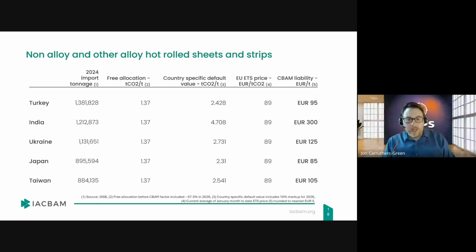The numbers I've got here do include the 10% uplift that we're going to see in 2026. And then the next point to note is that I've used that 89 euros price for each one of the certificates. So as you can see in this final column, the CBAM liability, we're going to get a wide variation for potential CBAM costs if you're using these default values.